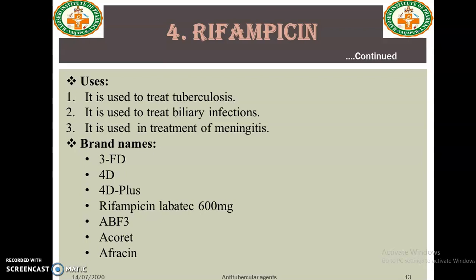Uses: it is used in treatment of tuberculosis, to treat biliary infection and in treatment of meningitis. It is known by the brand names 3FD, 4D, 4D+, Rifampicin Laptec 600 mg, ABF3, Accurate and Afracin.